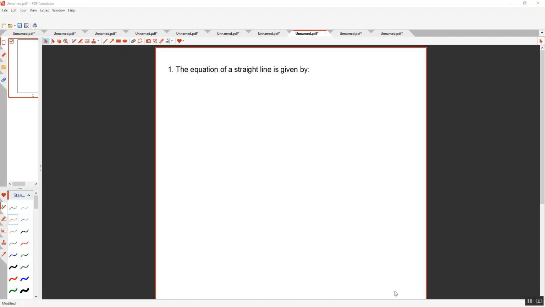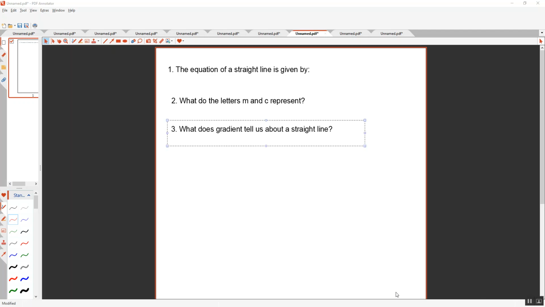It begins with y equals. The next question: what do the letters M and C represent?